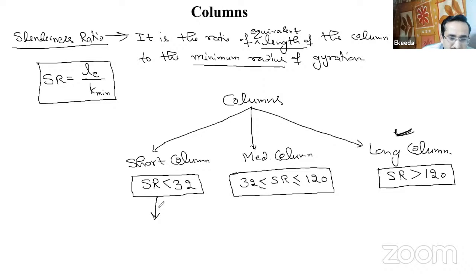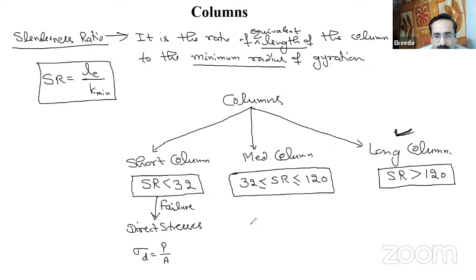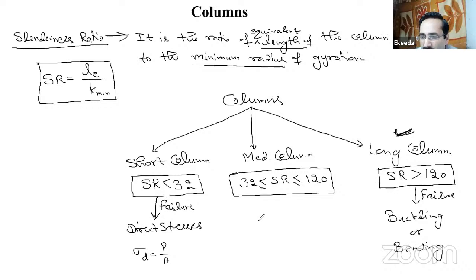The failure of the short column will be due to direct stresses, because there is no appreciable bending. For this our formula is mainly load upon area. For a long column, the failure takes place due to buckling, or you can say bending. Both are the same thing. I have told you there is a slight difference between buckling and bending.